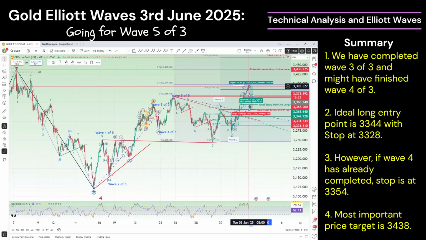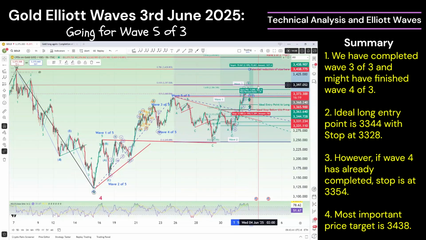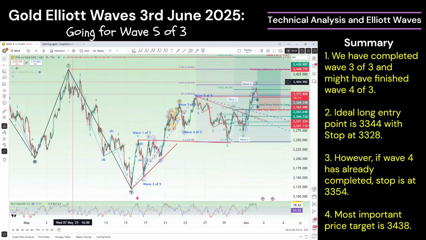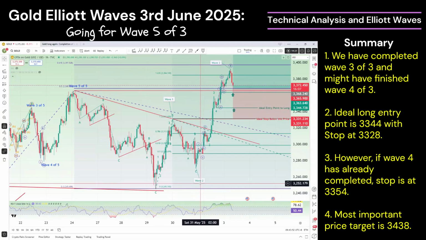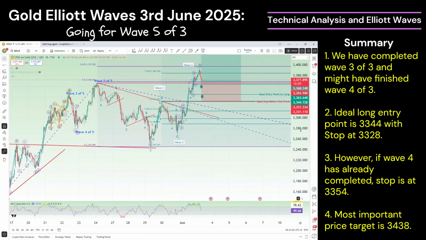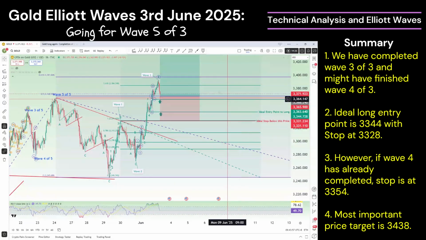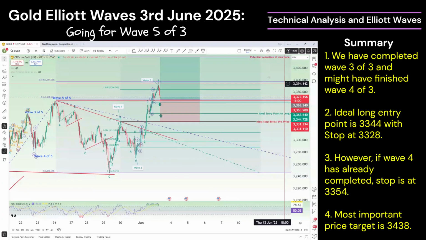So let me just adjust this. Right, be a bit more conservative. The target is 3438. Okay, so over here I'll just try to zoom in again. Oh yeah, one final thing is the arrow that I always put in at the end.